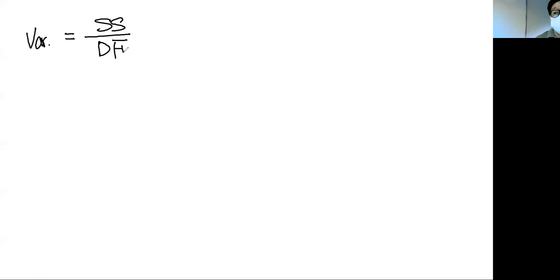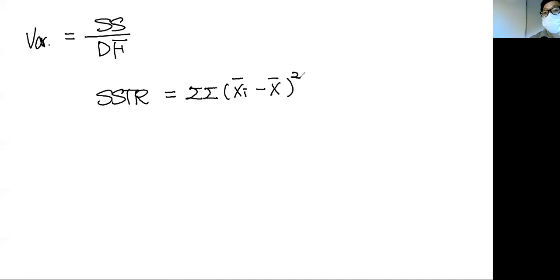Now we took the SSTR. It is another kind of sum of square, because it was the double summation, basically xi bar minus x bar squared. The other way, we describe it as a single summation, ni times xi bar minus x bar squared.